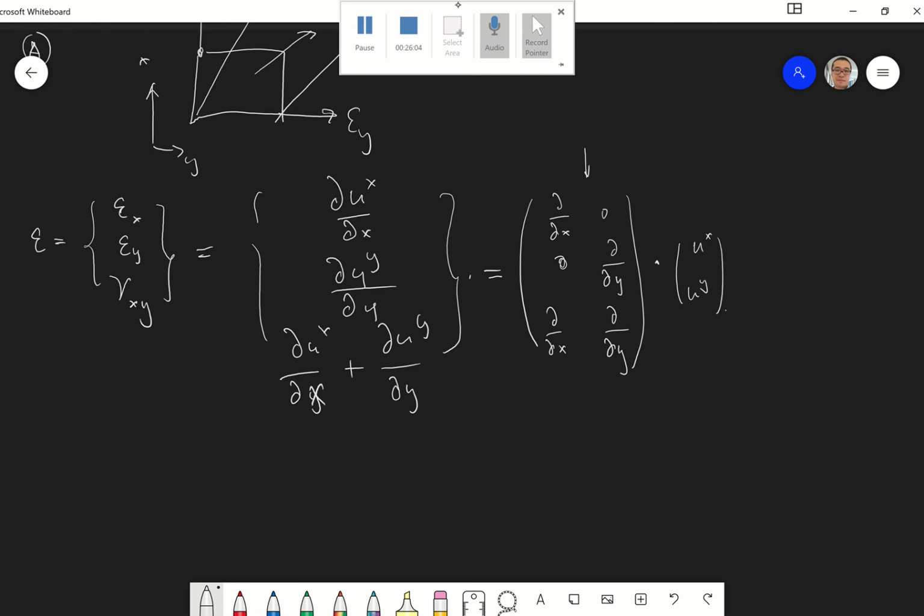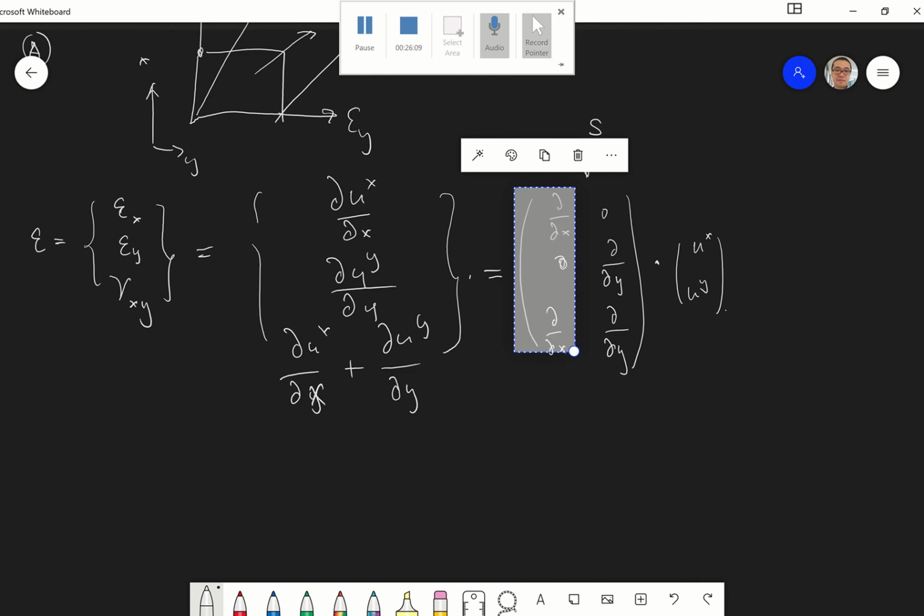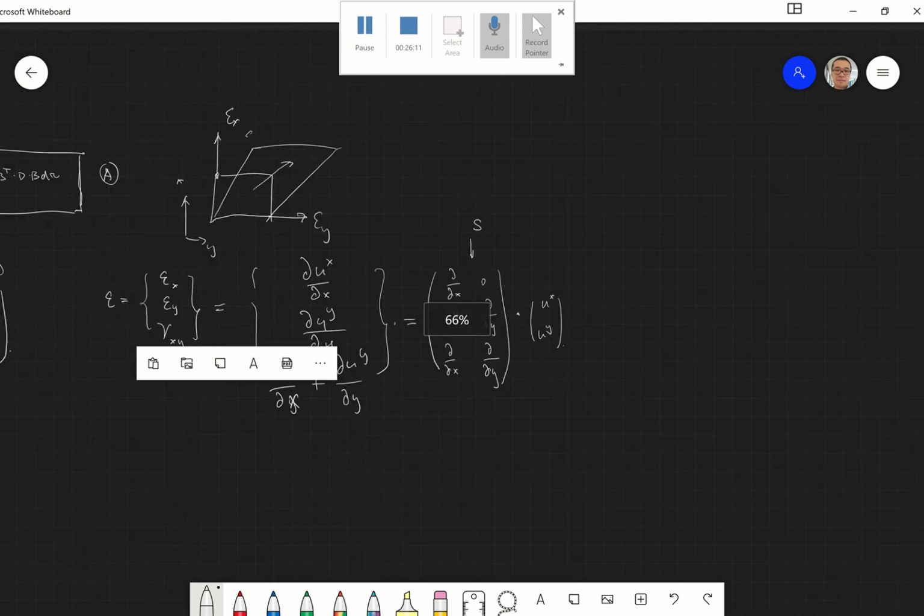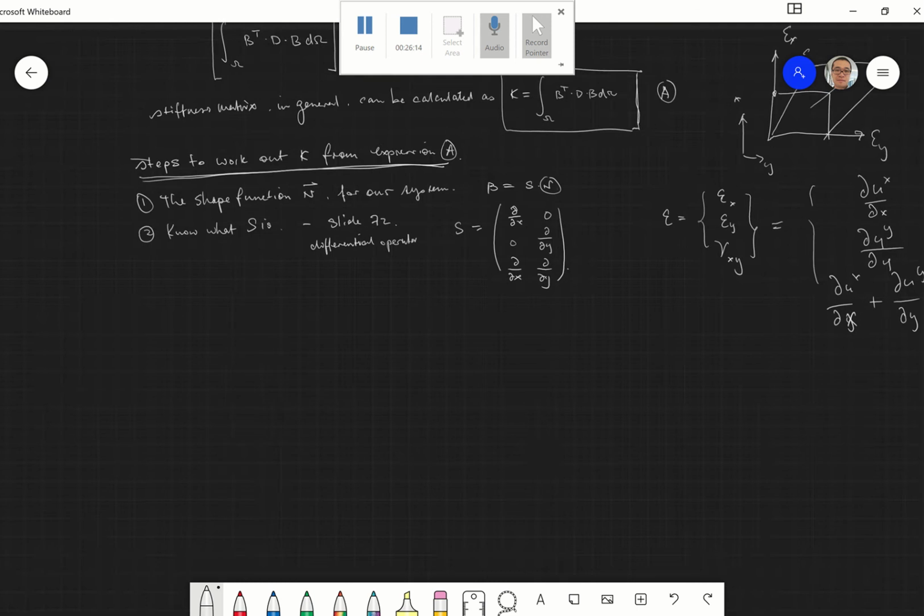And this is basically the S operator, an operator to work out the strain in the system.